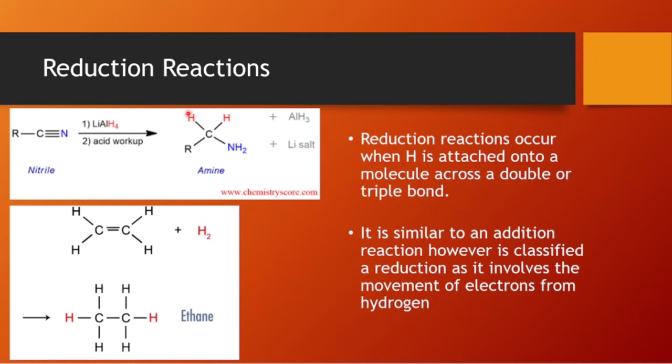Two hydrogens are attached to either end of this broken bond, which means that it's only reacting with hydrogen. Same with this one, we're using H2 to make ethane. So we're calling that a reduction reaction. It's technically also addition, but anything that's just having hydrogens put on there, you can call reduction.